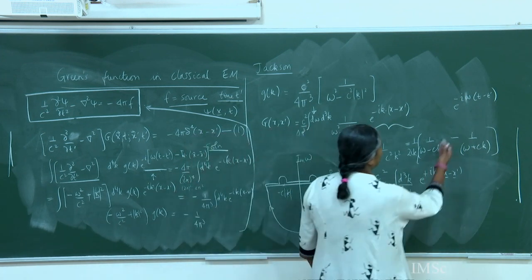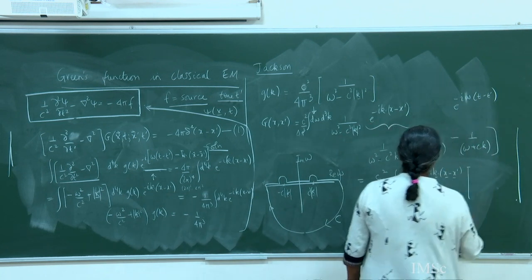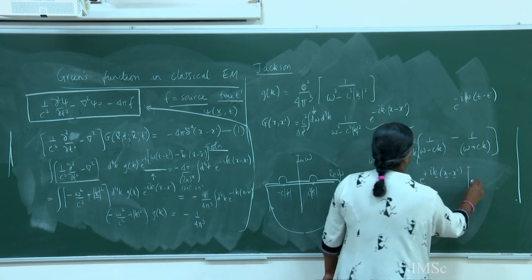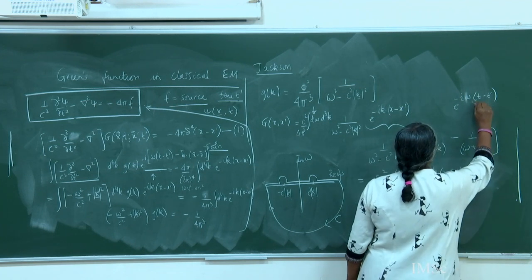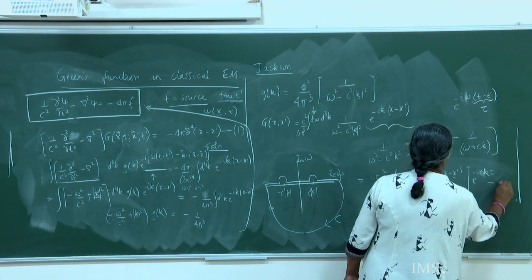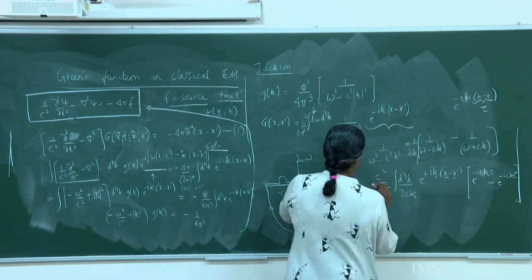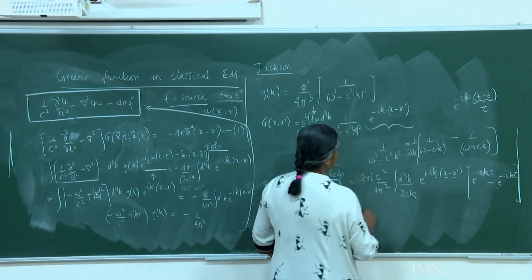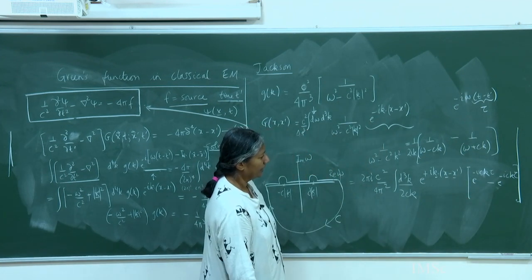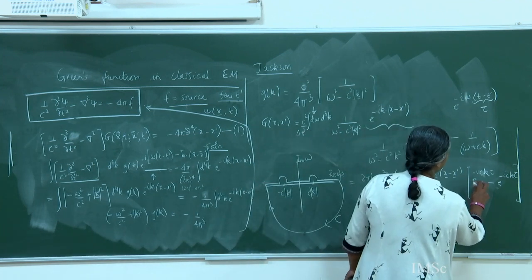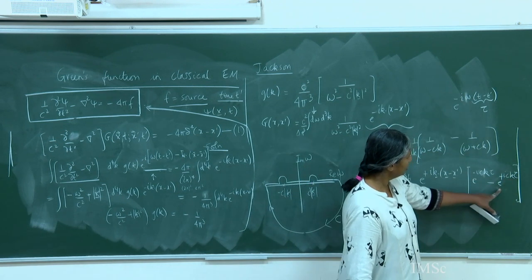So my solution will be omega is ck or omega is minus ck. So I will get e to the minus i ck, where let me call t minus t prime as tau. And then I will have, because it is 2 pi i times the sum over the poles, omega is equal to ck, and this is omega is minus ck, so this is sin ck.